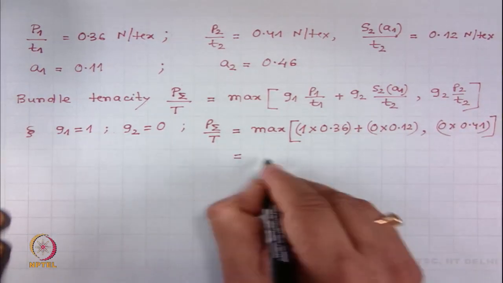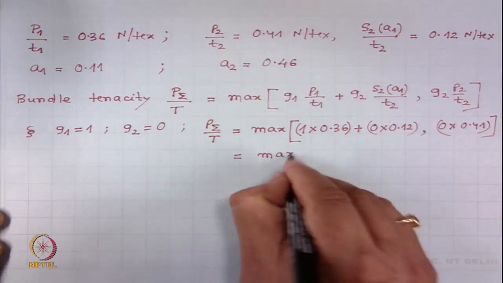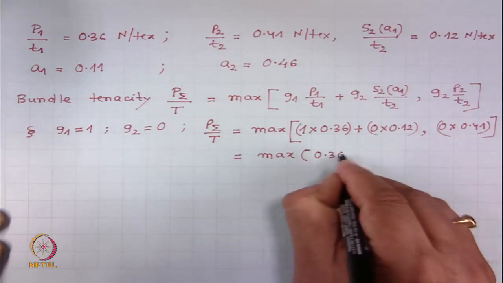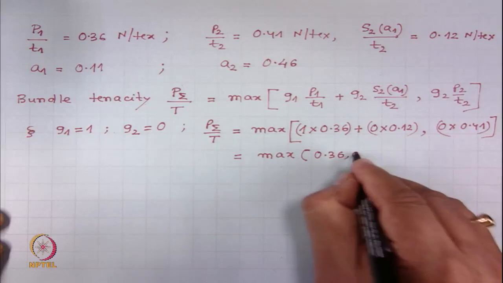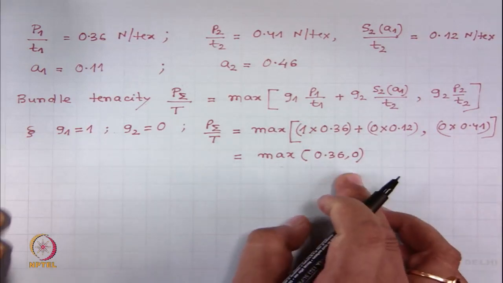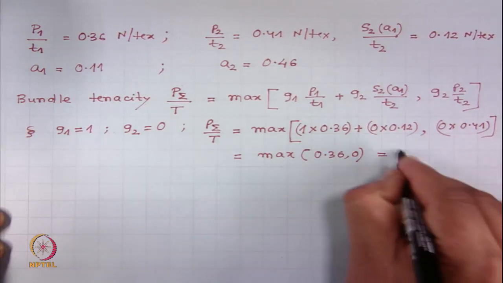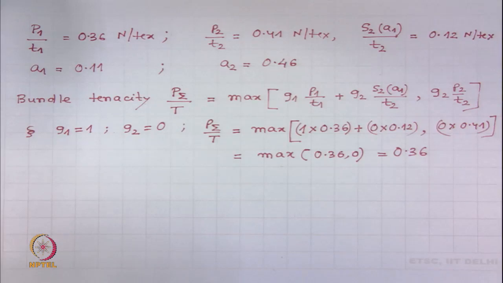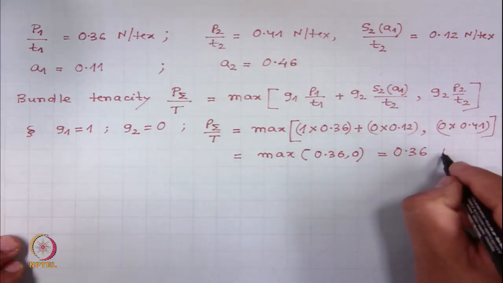If we calculate, this will be 0.36 and this will be 0. So, out of these two what is the maximum? 0.36. So, the bundle tenacity will be 0.36 Newton per tex.